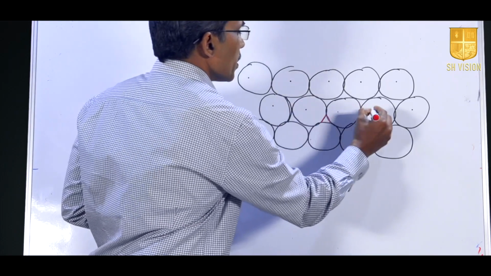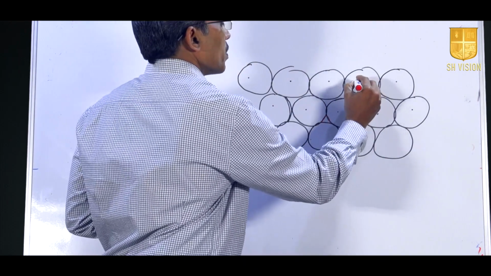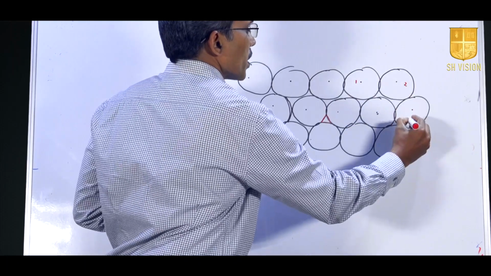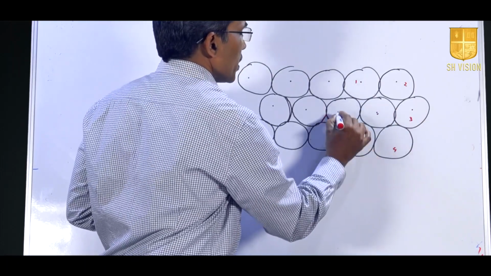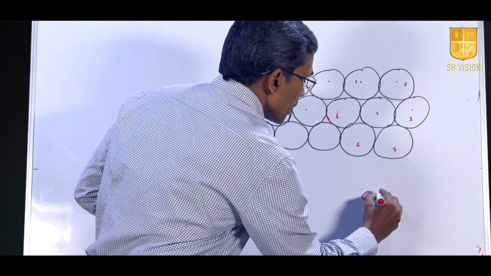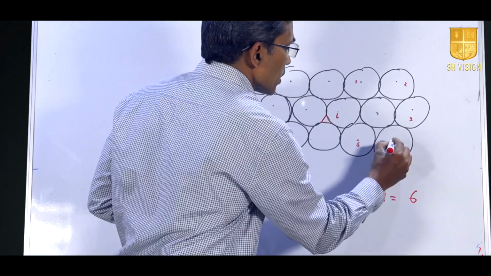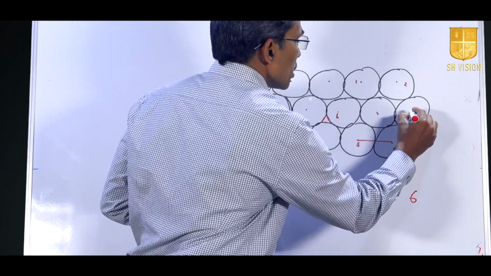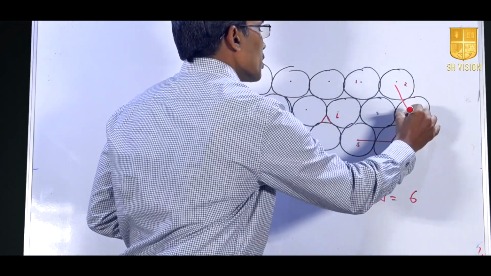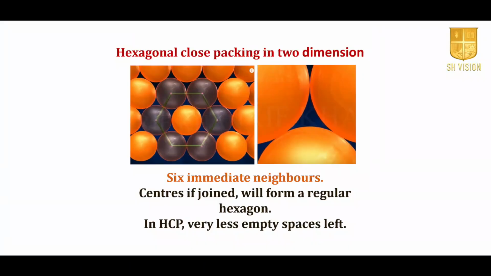If you take any particular particle, it is in contact with 6 immediate neighbors, 1, 2, 3, 4, 5 and 6. So, its coordination number is 6, and if you connect the centers of these 6 particles, you will get a regular hexagon. And this is known as hexagonal close packing in 2 dimensions.